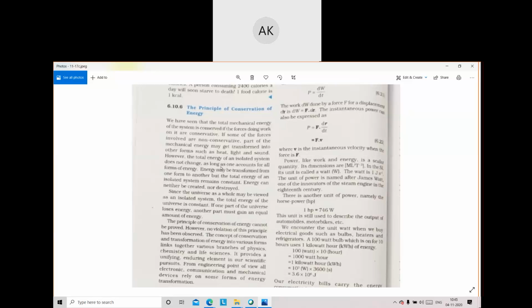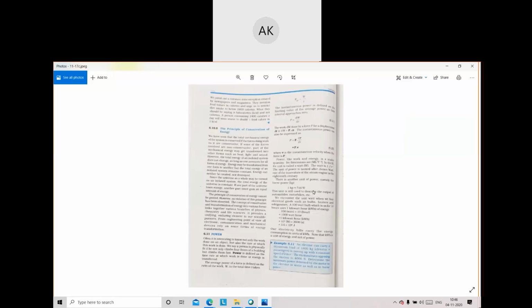And then the statement you can study from the text. The total energy of an isolated system does not change as long as one accounts for all the forms of energy. So one form of energy is converted into another form. When you find the sum of all forms of energy, that will be constant. That is conservation of energy.